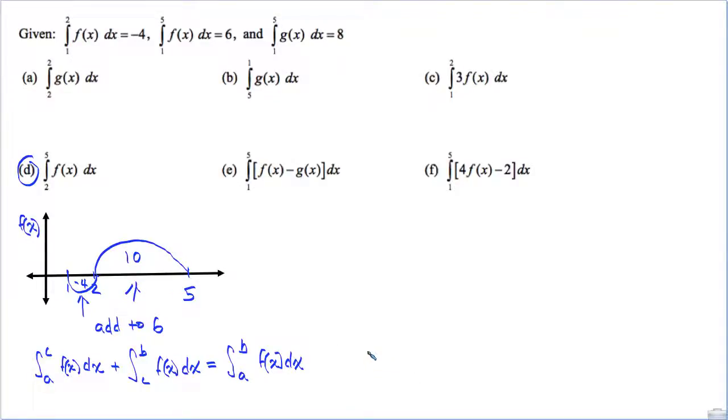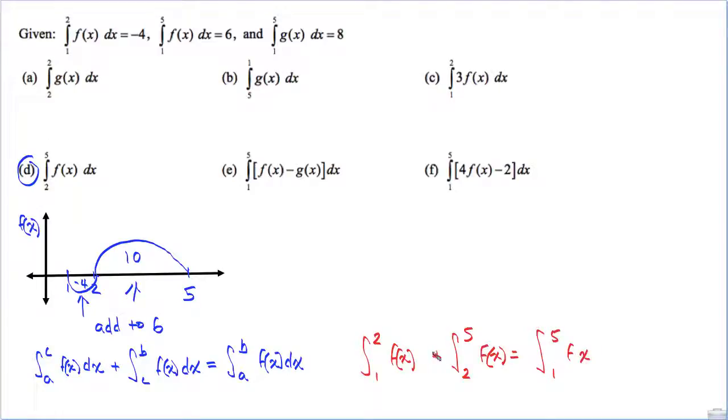So using this rule, we have the integral from 1 to 2 and then 2 to 5. So 1 to 2 of the function f of x, I'm not going to write the dx's just to go faster, plus 2 to 5 of f of x is going to equal 1 to 5 of f of x.